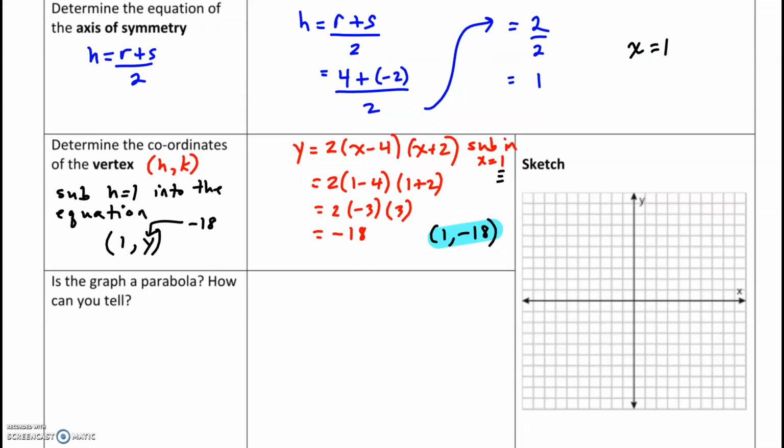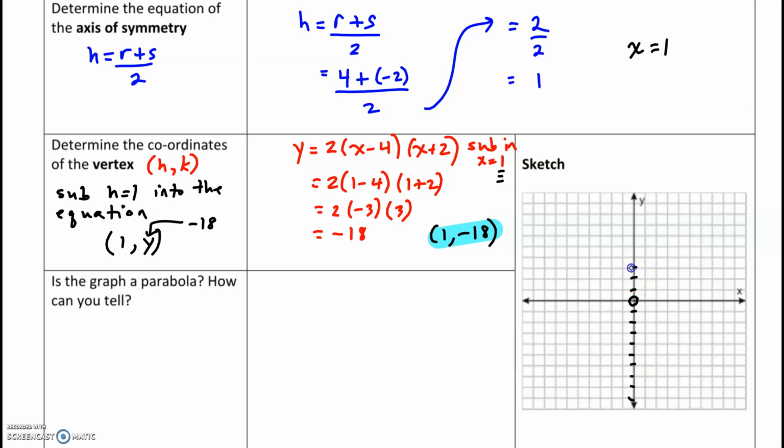All right, so we have to decide our scale. Based on the information that I have here, my y-intercept is -18. So for me to fit that in, I think I have to count by 2's on my y-axis. So let's see, I got -2, -4, -6, -8, -10, -12, -14, -16, -18. Yes, it'll fit.